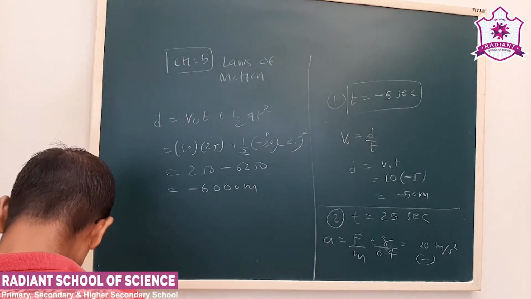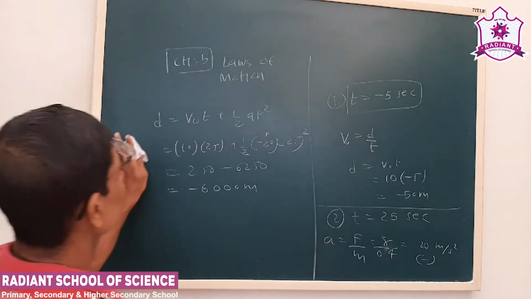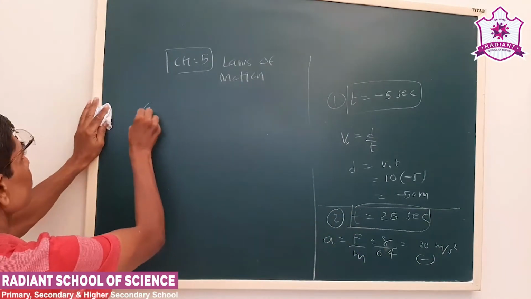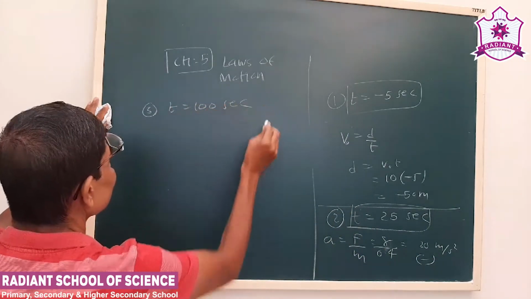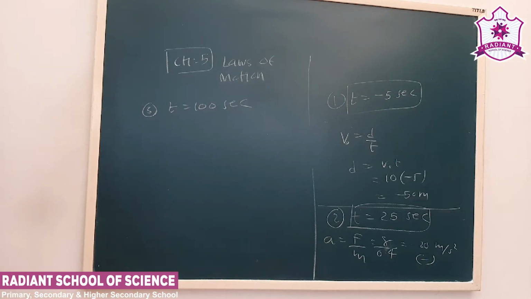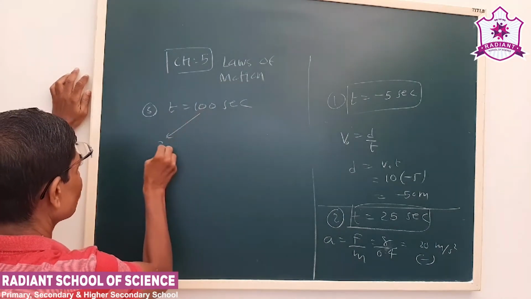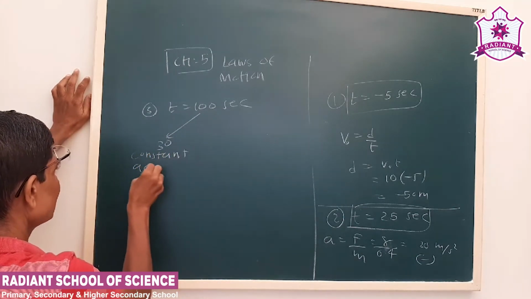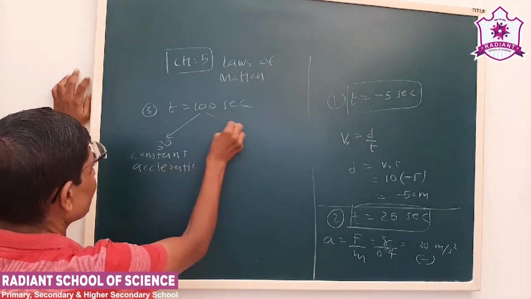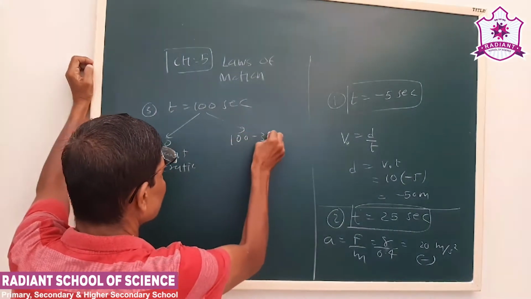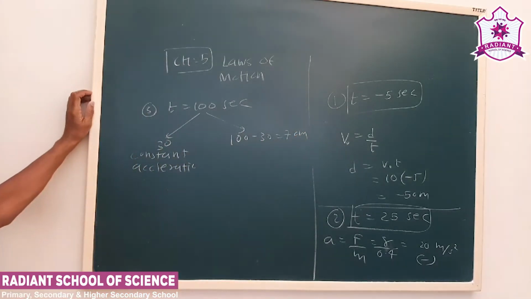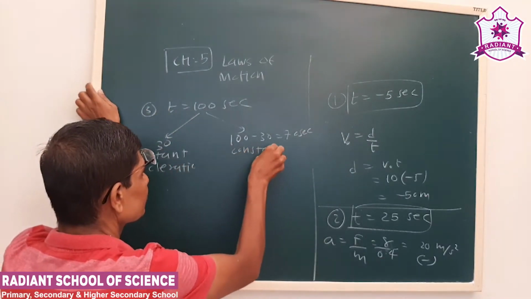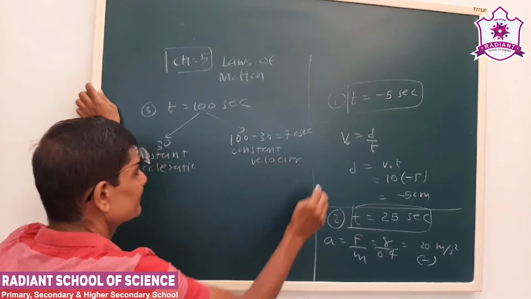Now next is t is equal to 100 seconds. See, the third part, this was the second part. But see, the force acts for 30 seconds. So for 30 seconds, it will move with a constant acceleration, and for the remaining 100 minus 30, that is 70 seconds, it will move with a constant velocity.